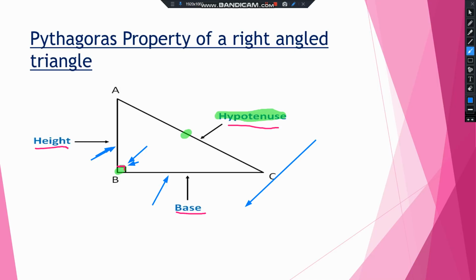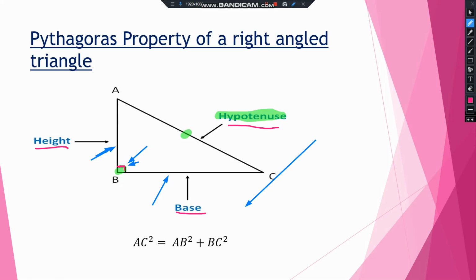Now what is Pythagoras property or Pythagoras theorem? So let's see. In this triangle ABC, the square of the longest side, that is hypotenuse, is equal to sum of square of other two sides.